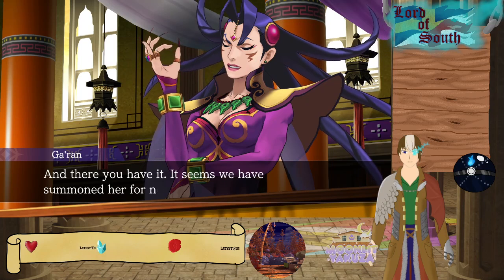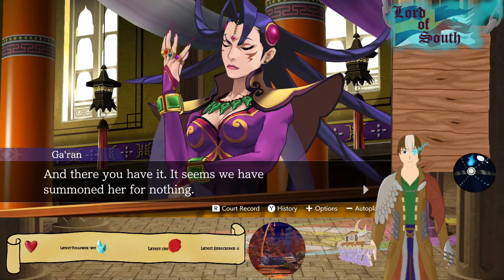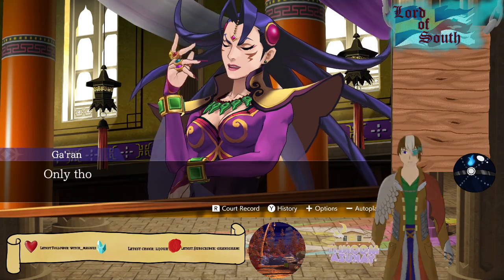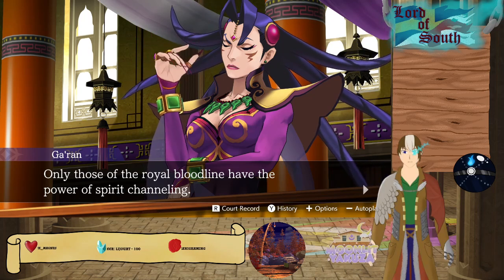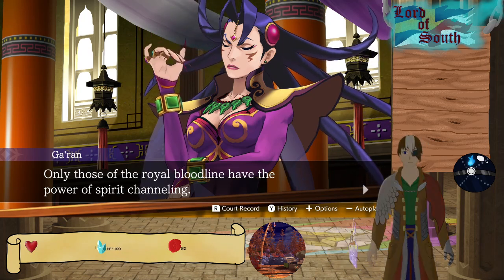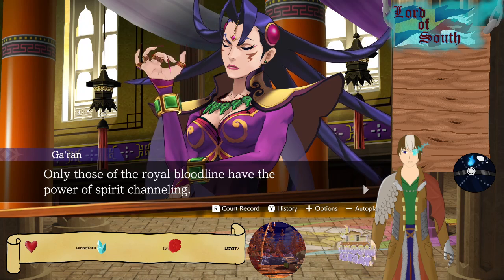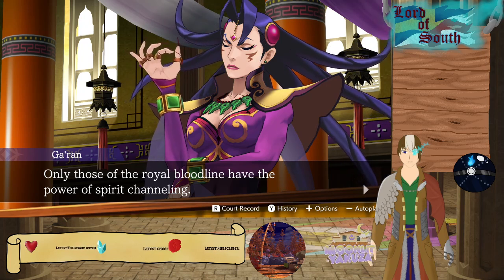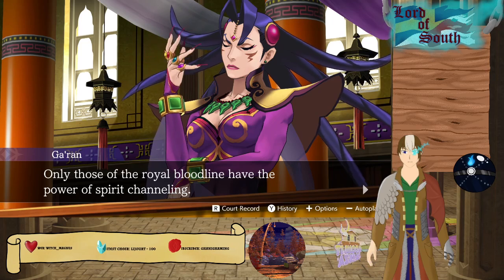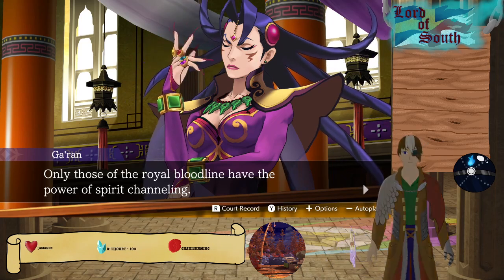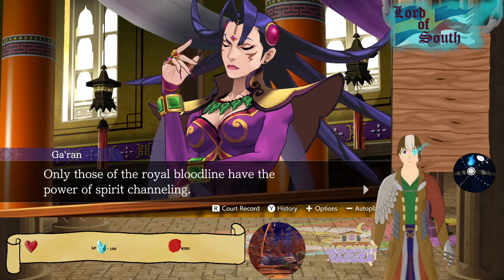And there you have it. It seems we have been summoned here for nothing. Only those of the royal bloodline would have the power of spirit channeling. And there we go. But we already know Mara is still alive. The funny part is, she is acting like Mara is not alive, even though we know she is alive.